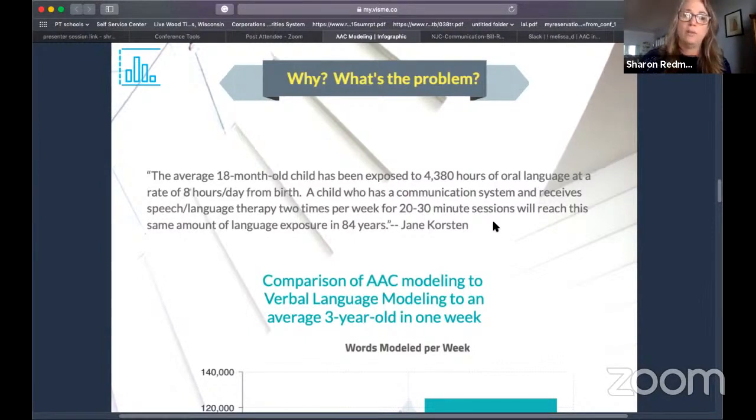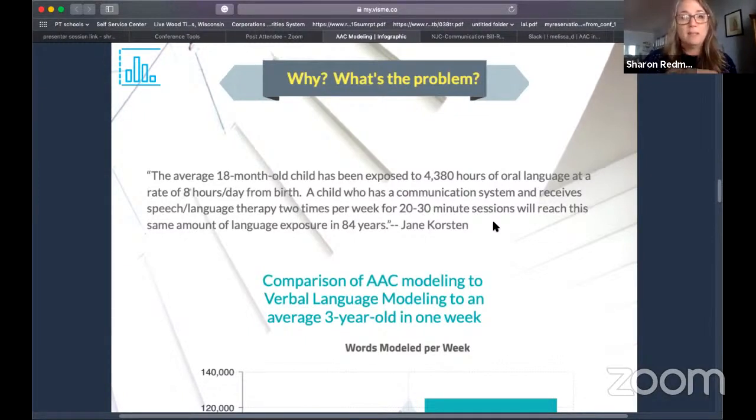And 84 years is just ridiculous. That's not an option. 20 years is not an option. We need to increase. The whole reason of modeling AAC is we need to increase those opportunities throughout the day so we can reduce this number.